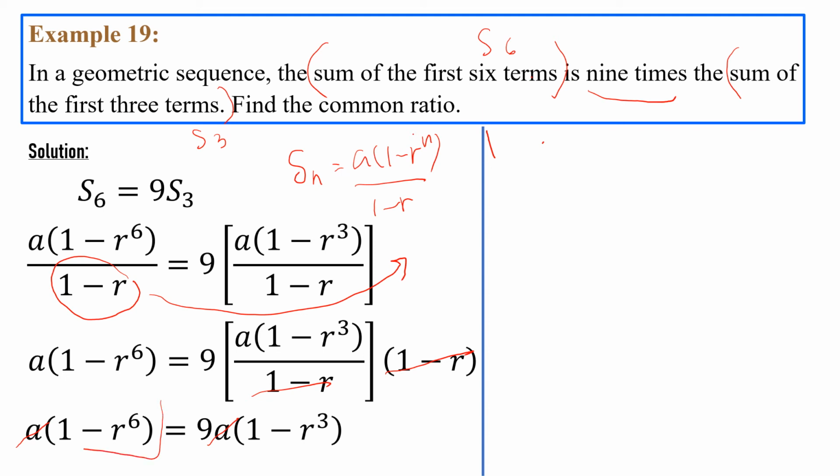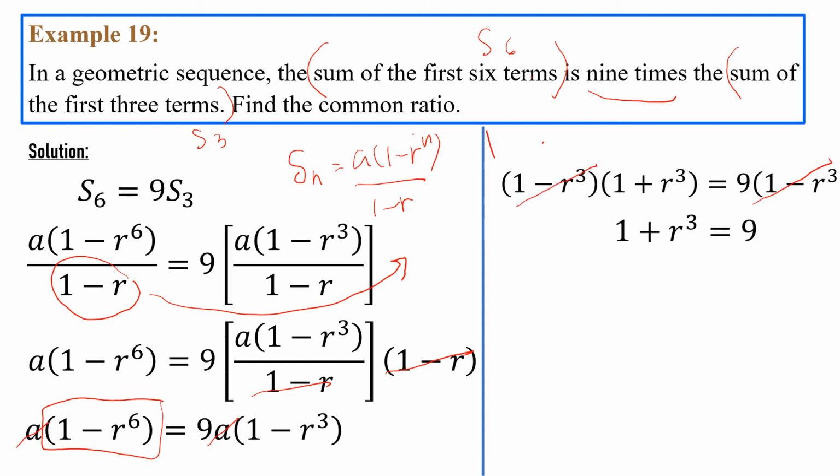And next, we need to factorize 1 minus r to the power of 6. And we have two factors, which are 1 minus r to the power of 3 and 1 plus r to the power of 3. We also can cancel out 1 minus r to the power of 3 both sides, and we let 1 plus r to the power of 3 equal to 9. Solve it. Cube root of 8, we get 2.